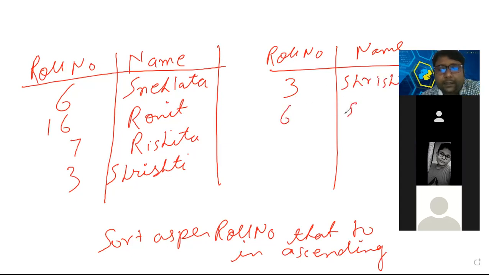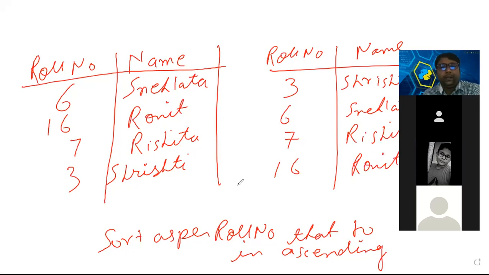Then 6 Snehalata. Then 7 Rishita. And then 16 Ronit. If we have a few students like this, 4 students, 8 students, 10 students, it is very easy to do it manually.